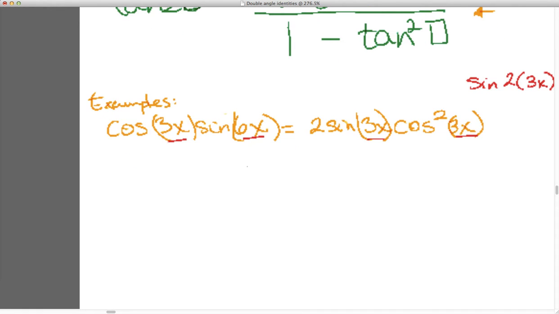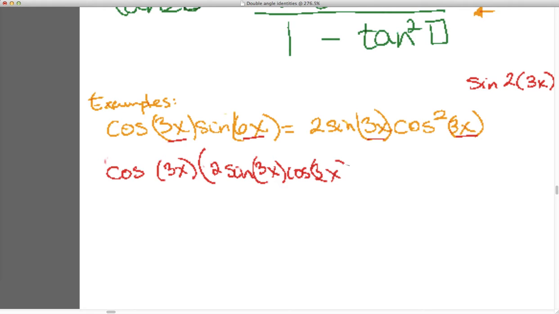So when you do that, hopefully it becomes a little more apparent that this problem was not as complicated as it looked. It just needed an extra little step. And then if you group your cosine 3x's together, because you can multiply in any order, you're going to get cosine squared 3x and then 2 sine 3x.